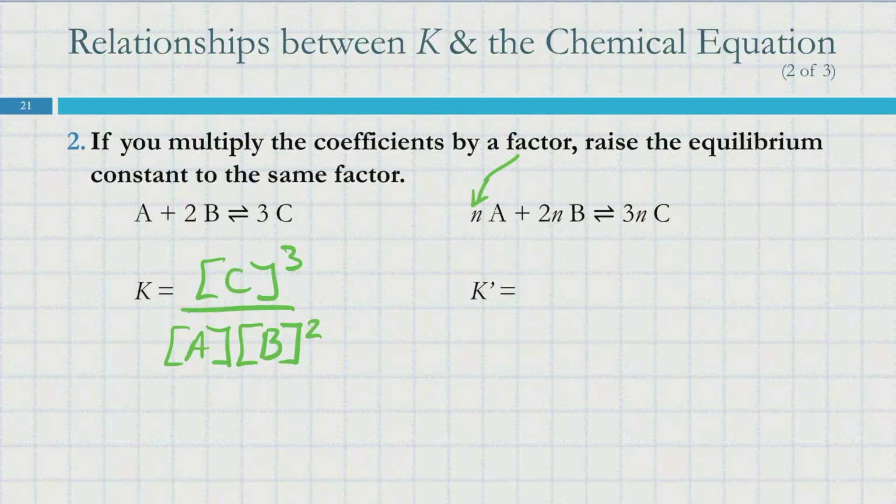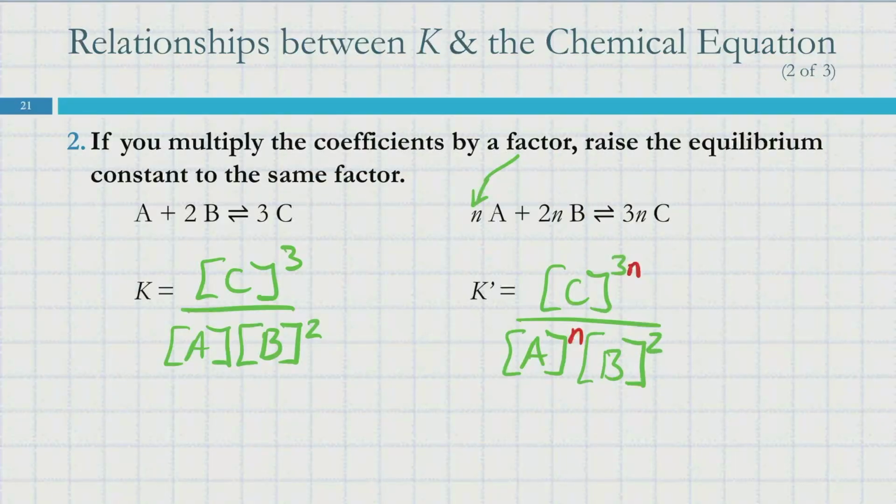So in this new scenario, our coefficients are concentration of C raised to the 3rd power, where that 3 is multiplied by n, over concentration of A raised to the n power, concentration of B raised to the 2n power.